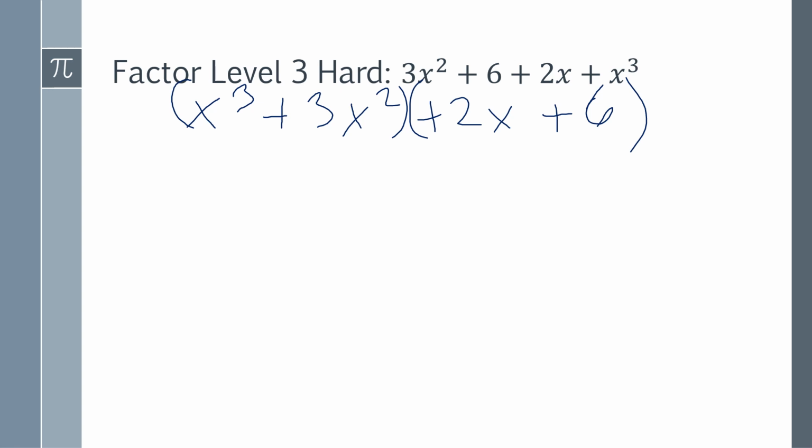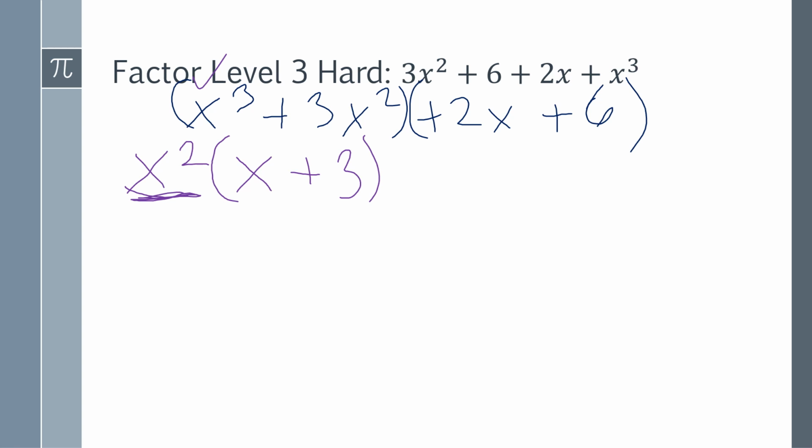They both have in group 1 an x squared. And we still consider that the greatest common factor because we're dealing with exponents in this case. And we know that x squared times x is x cubed, okay? And we also know that x squared times positive 3 is 3x squared. Okay, so that's group 1.